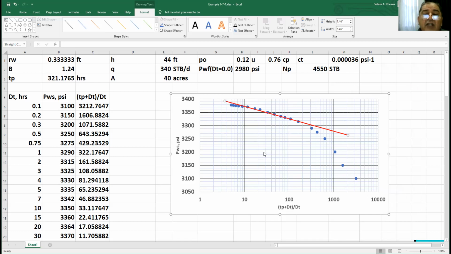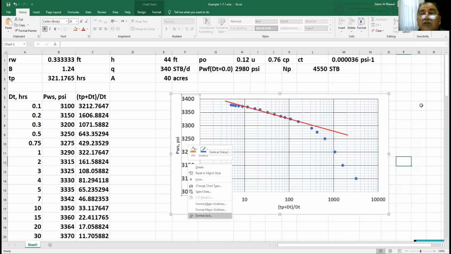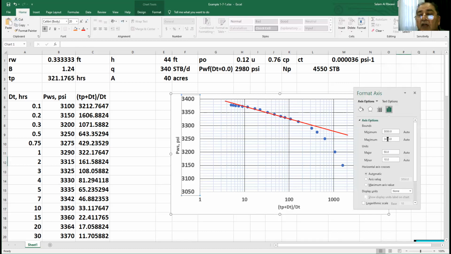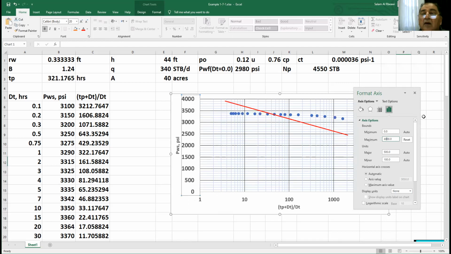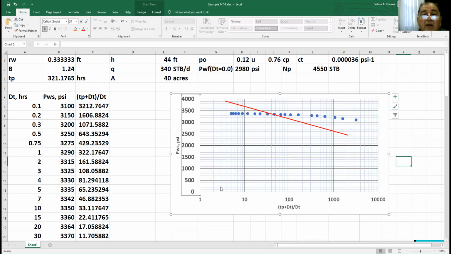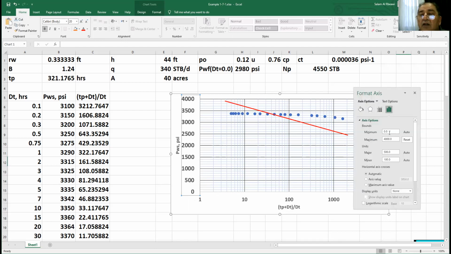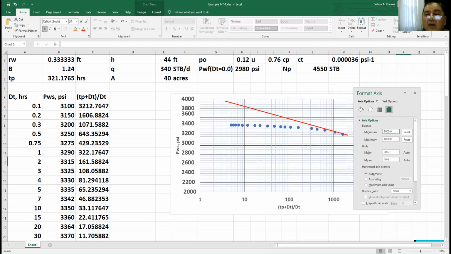Now we need to have the extrapolation to 1. So I guess this one should be, let me see, to put it until 4,000, so we can estimate this one very well. And it should not be 0, actually. 0 is not the one. So let me say 2,000.